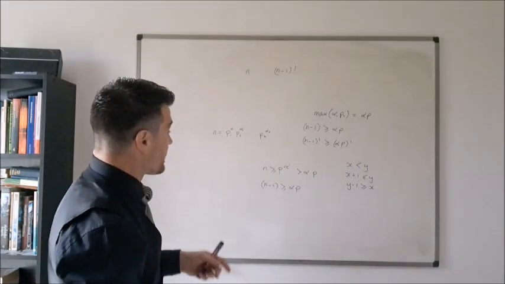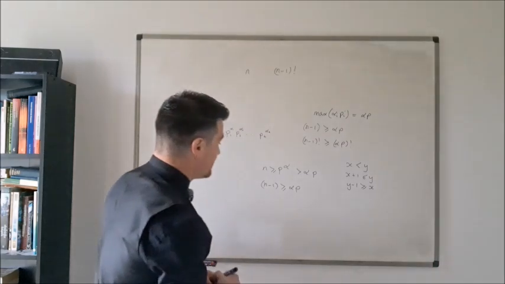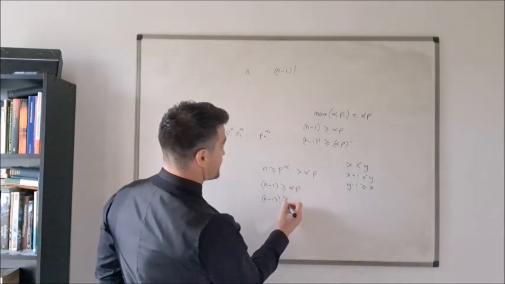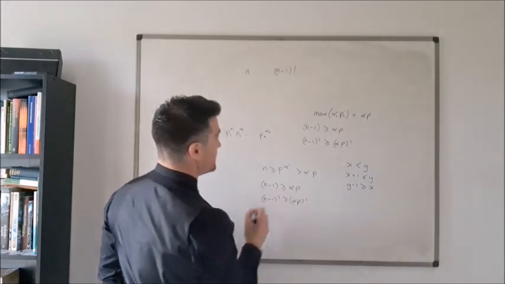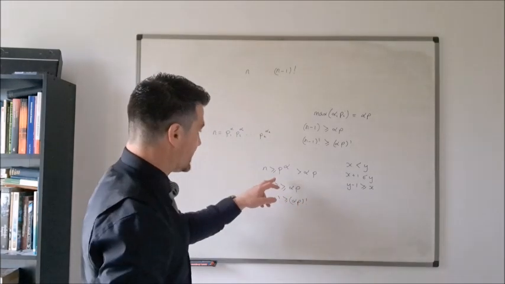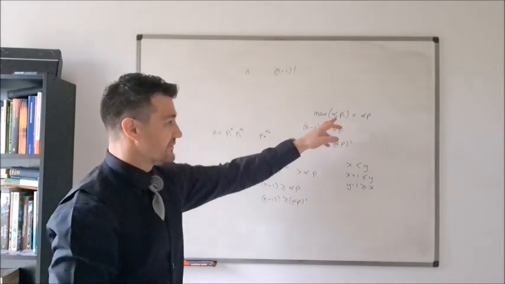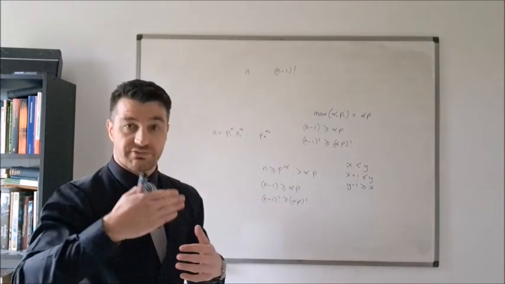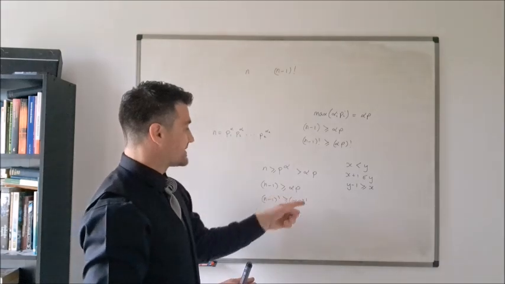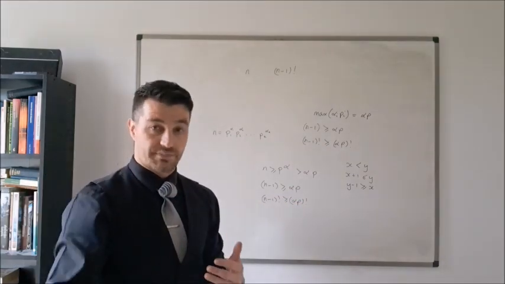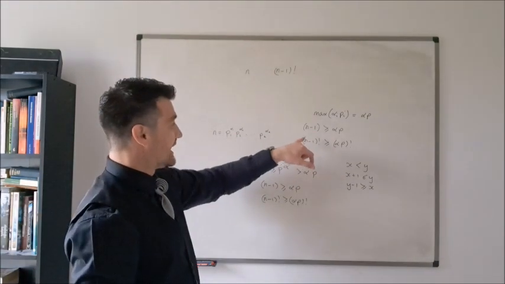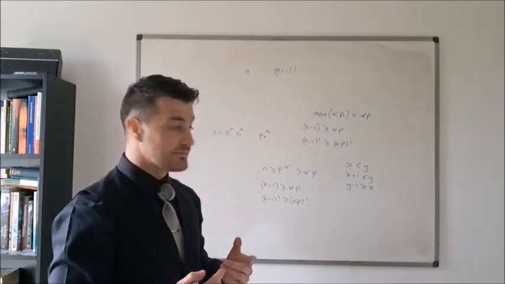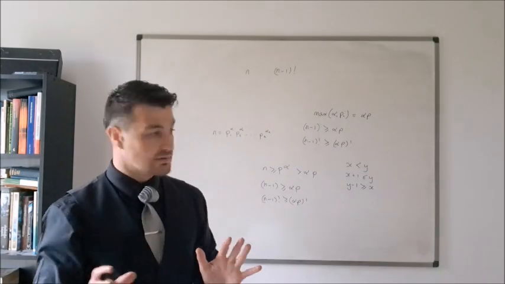Because if I can do this, then what I can say is that n minus 1 factorial is greater than or equal to alpha p factorial. Therefore, if this is the maximum of the alpha i pi, then we get a sufficient number of factors of p1, a sufficient number of factors of p2, and so on and so forth, and we get that n divides alpha times p factorial, or n divides n minus 1 factorial.